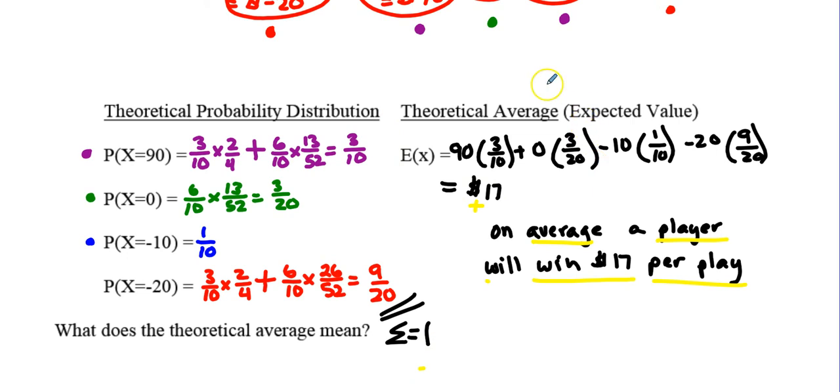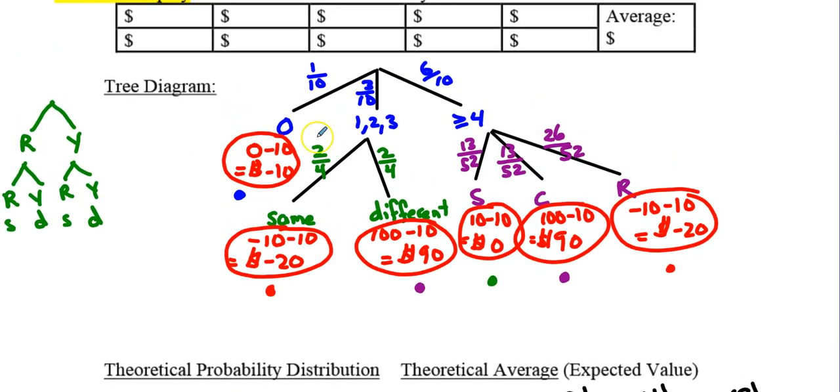So that's how you find the probability distribution and expected value for a game. And just remember, whenever there's more than one round, you want to draw a tree diagram. Each tree diagram should have the outcomes labeled, the probabilities labeled, and the amount of money you walk away from labeled.